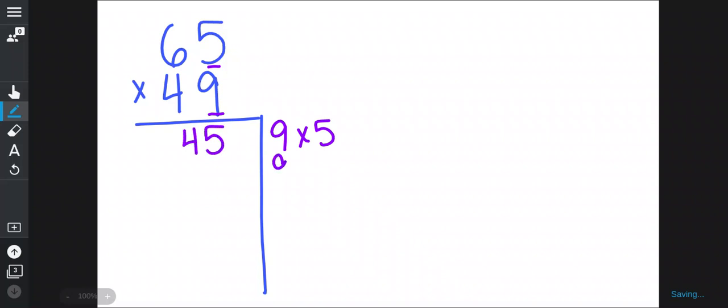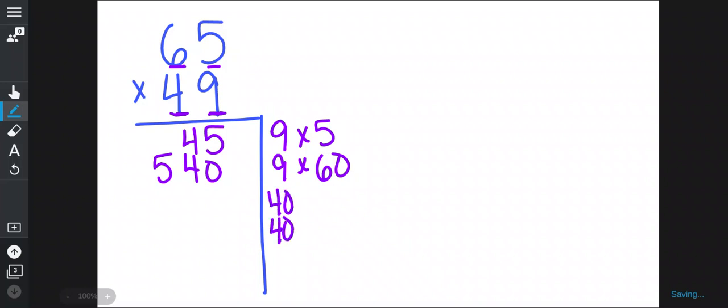And then I have my 9 times my tens place in the opposite number. 9 times 60. We all know that's 540. And now, sticking with my bottom number first, right? The 9 came in the first two, and now my 4 in the tens place, which is another 40.